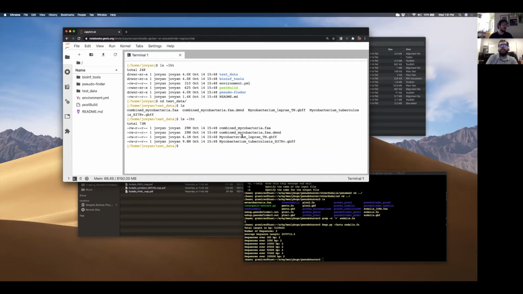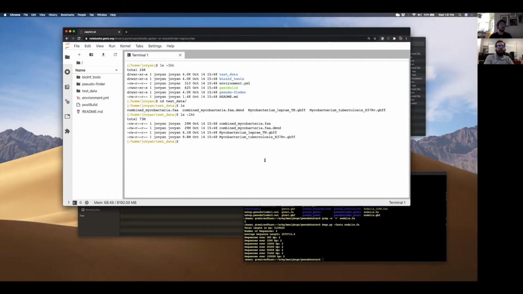So what I did is I just found a bunch of mycobacterium genomes, concatenated them together, and made a database out of them, a diamond blast database. Pseudo-Finder can run diamond blast and regular, conventional blast, depending on how fast you want this done. And I'm going to use diamond here because it's much faster.